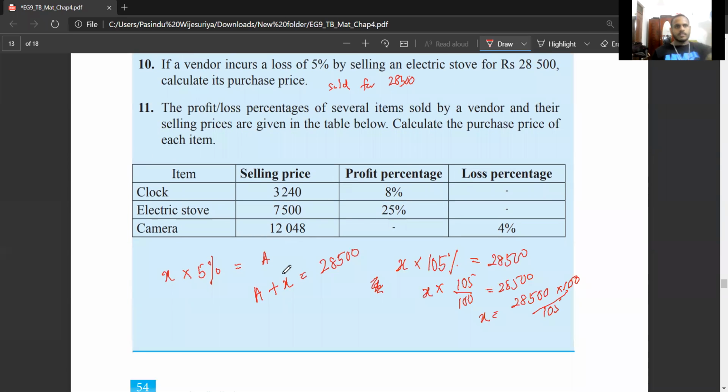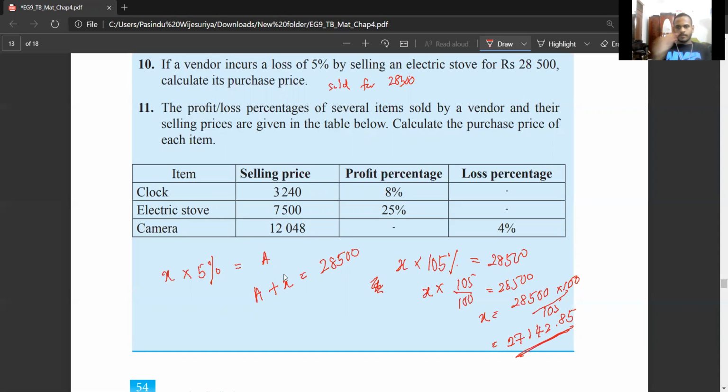So let me check my calculator. Yes. 28,500 into 100 over 105 is 27,142.85.